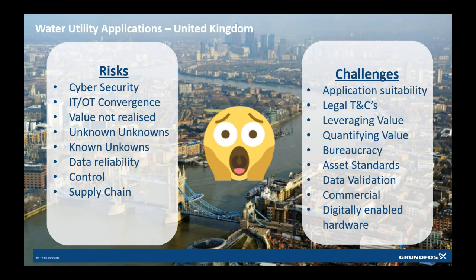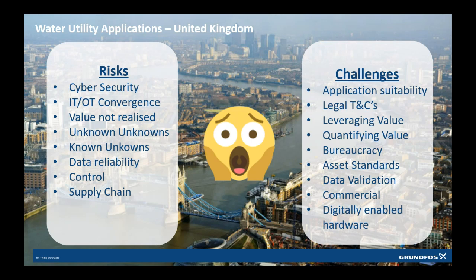There's bureaucracy within organizations, particularly around investment, where the cost of implementing a digital solution may sit with what is traditionally a specific department, but it could be other departments that leverage the value of those offerings. So how do we move those budgets and make those budgets more flexible to be able to operate around that bureaucracy?